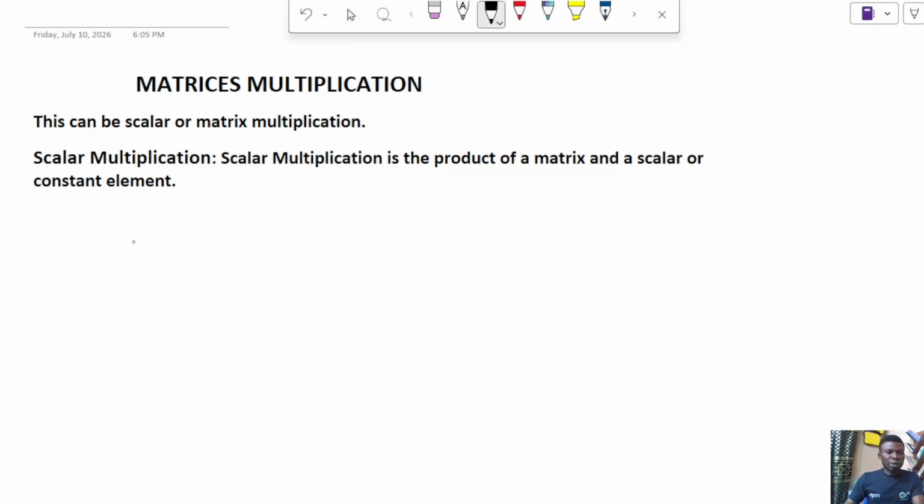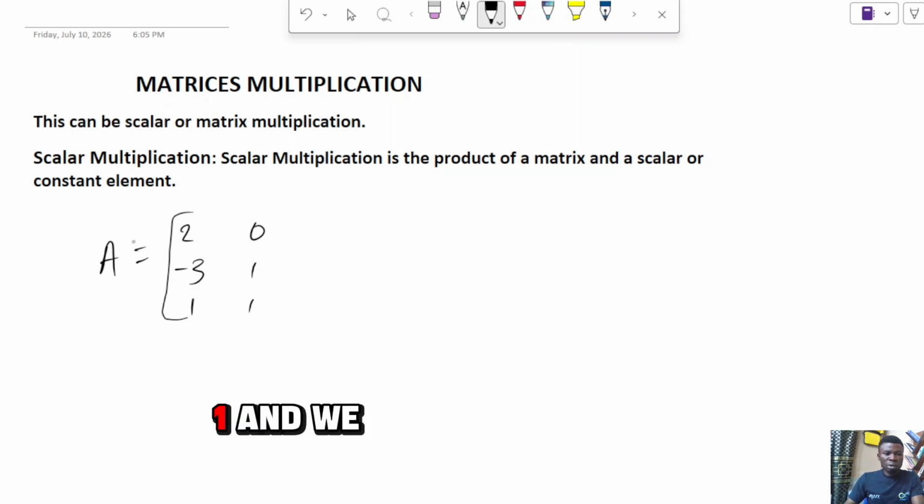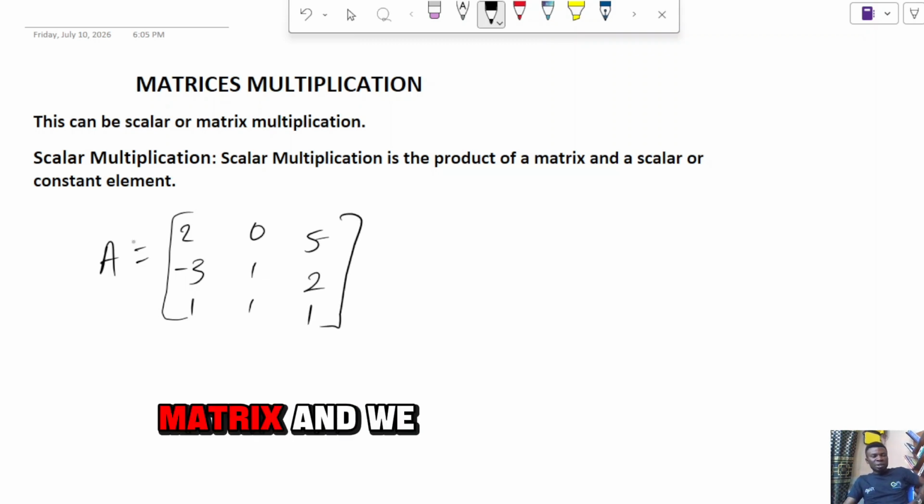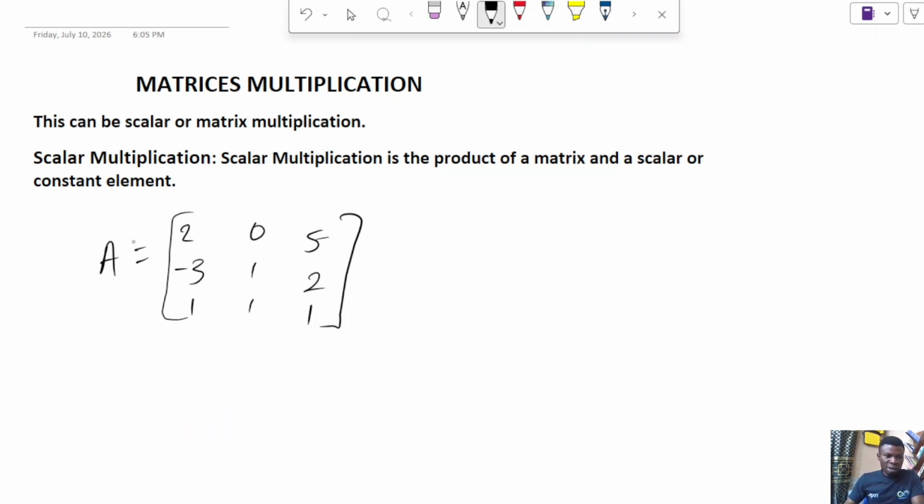So, assuming we are given a matrix A to be equal to, let's say, 2, minus 3, 1, we have 0, 1, 1, and we have 5, 2, 1. We are given this 3 by 3 matrix, and we're asked to get 5A.